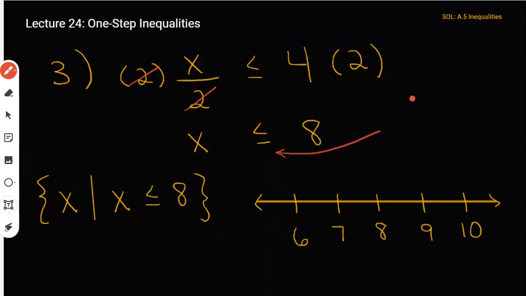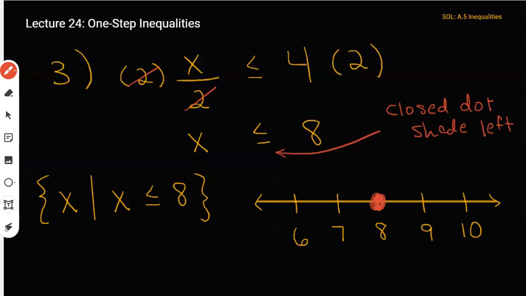Which way am I going to shade? Yep. I'm going to shade to the left because it's pointing to the left. So what I'm going to do is put a closed dot around 8 and shade it in just like I'm doing here. That's what makes it a closed dot.